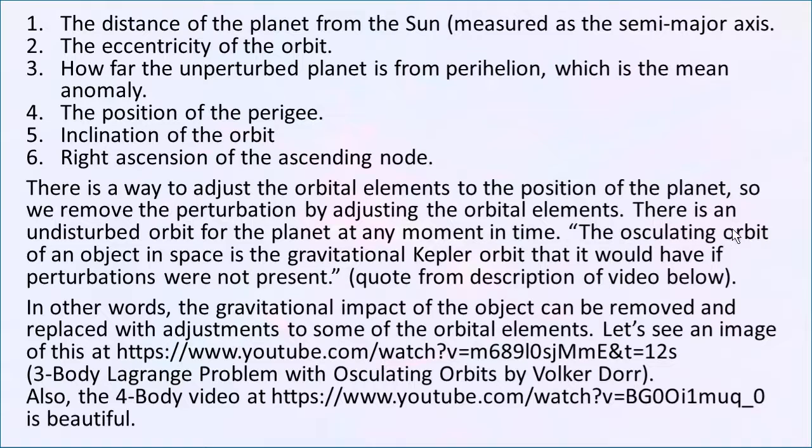The osculating orbit of an object in space is the gravitational Kepler orbit that it would have if perturbations were not present. That's a quote from the description of those videos that I've just shown you. Let me read it again. What is the osculating orbit? The osculating orbit of an object is the Kepler orbit that it would have if perturbations were not present.